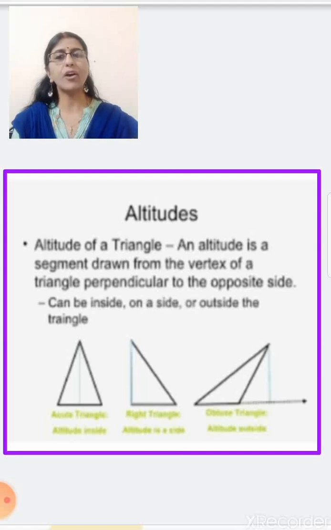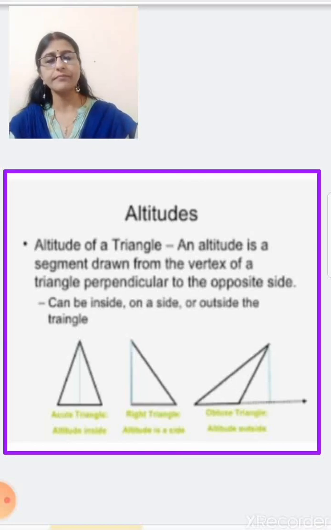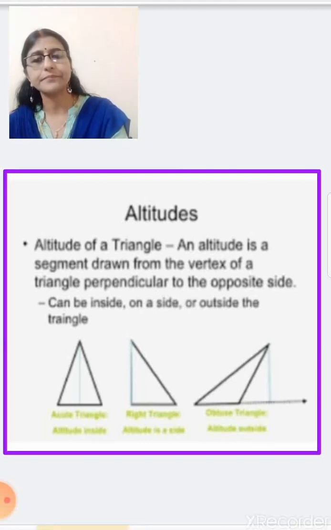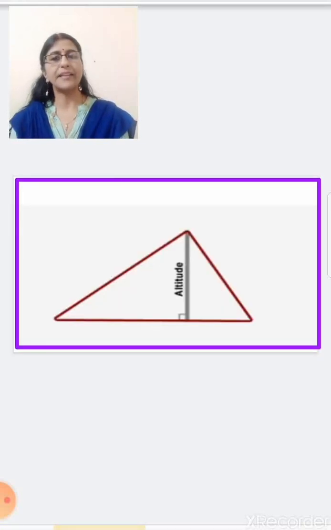That is called the altitude. Now in an obtuse triangle you can see it is outside the triangle. So altitudes are not always formed inside the triangle. This is a picture of a triangle, and here you can see an altitude, forming a right angle to the base of the triangle.